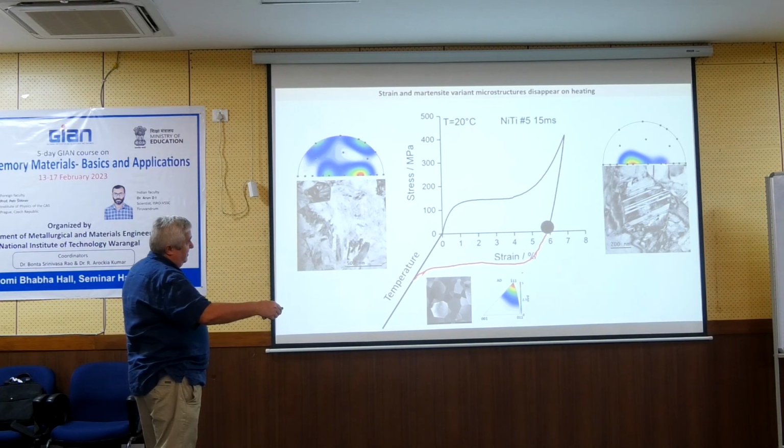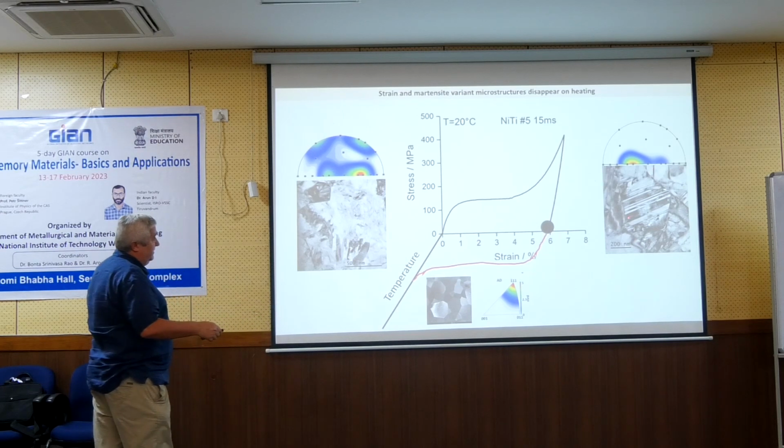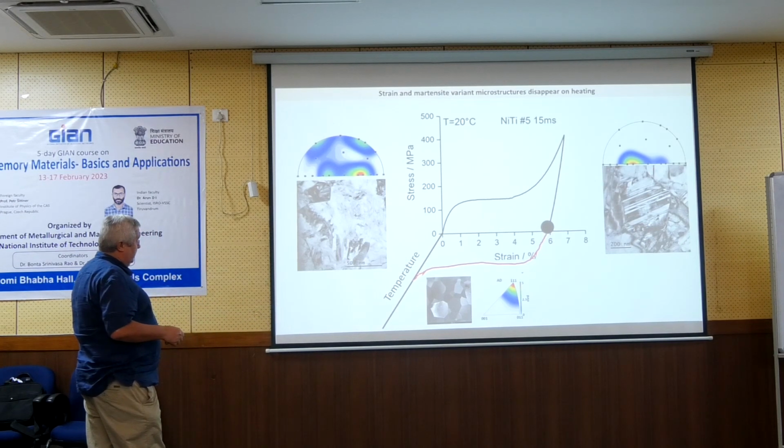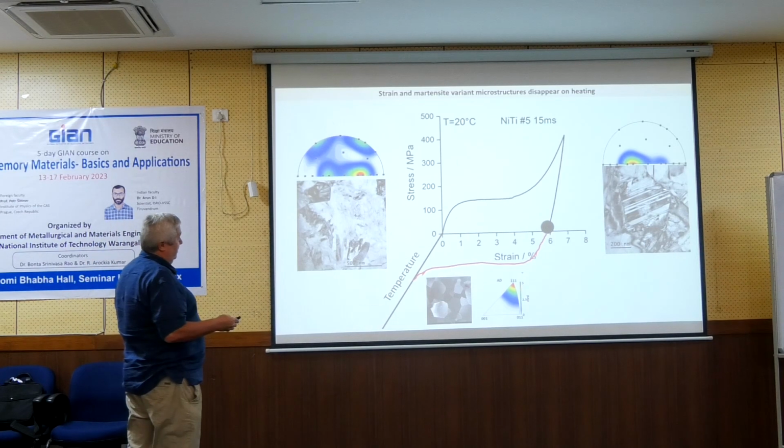This is the macroscopic information from texture evaluation, and if you heat this, practically all strain is recovered, and you will end up with an austenitic lattice without any defects. So this is the beautiful functional macrostructure response during the shape memory effect. No plasticity here, no deformation bands.